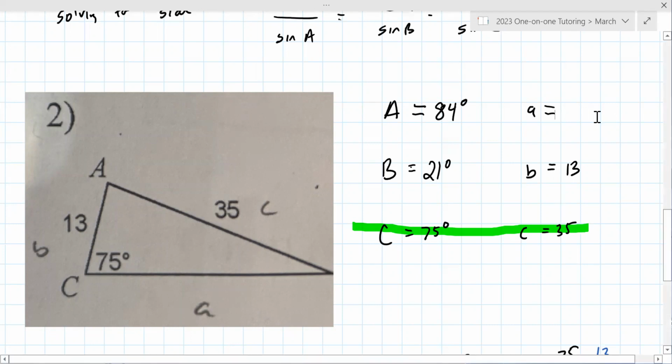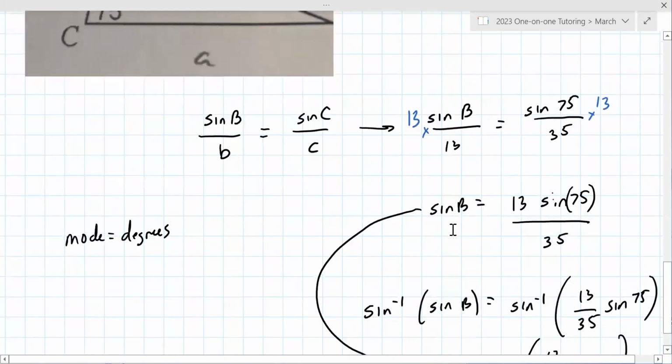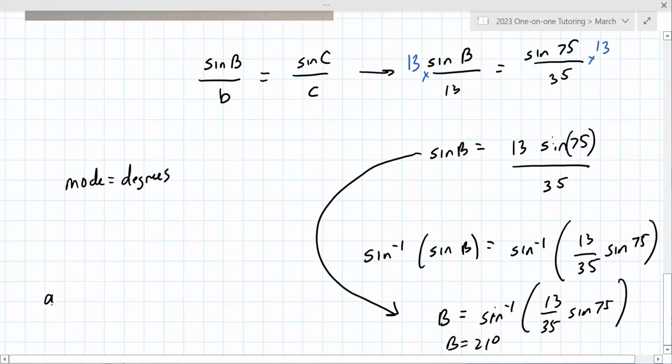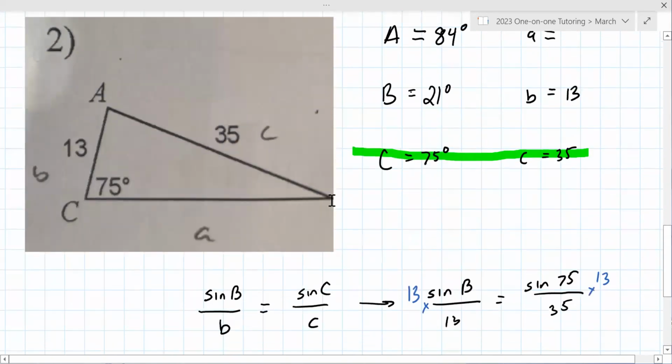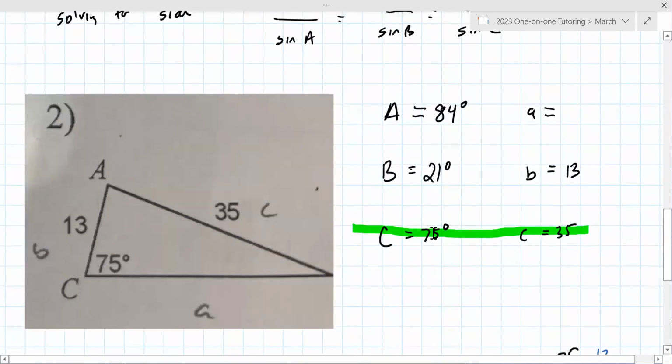Okay. Now to find A, you're going to use law of sines again, because you have an angle and a side pair. This time you're going to put the thing that you're trying to find, the little a, in the top. So it's A over sine big A, and you can use either B or C. I always go back to the given values rather than the calculated ones, just in case there was a mistake.